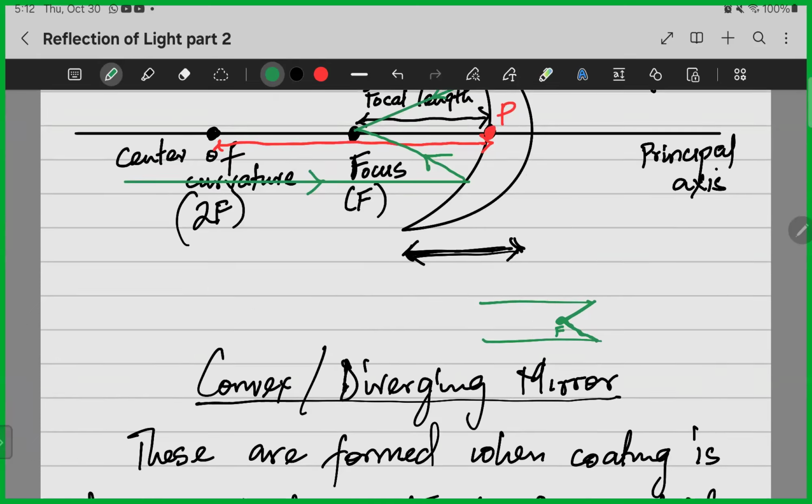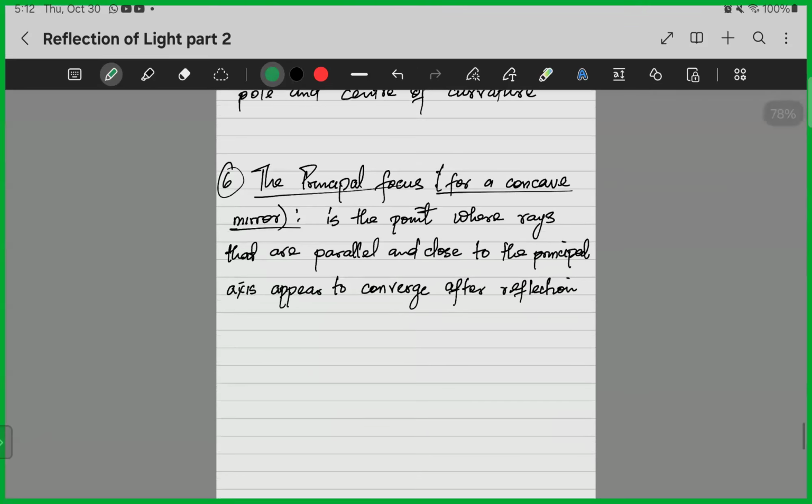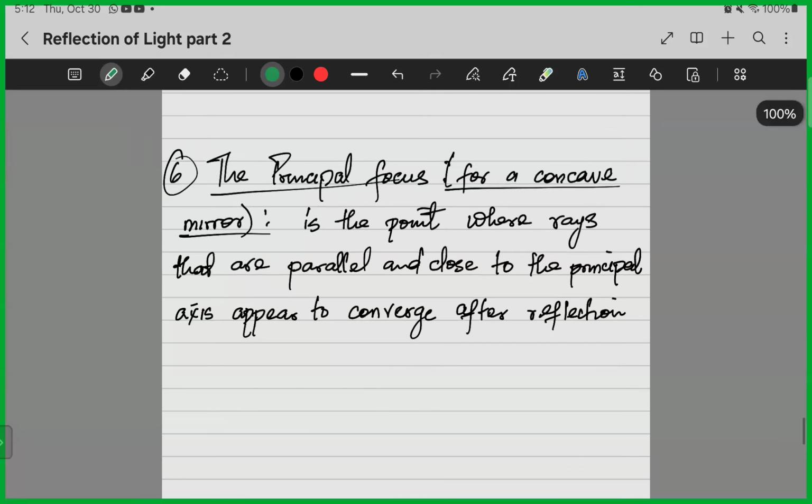So that's the idea you see in our definition that says the principal focus for a concave mirror is the point where rays that are parallel and close to the principal axis appear to converge after reflection. Please keep this. I did not just give you theory, I showed you in the diagram. So they appear to converge after reflection.